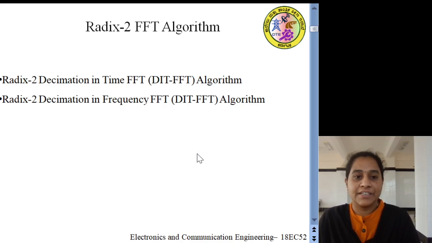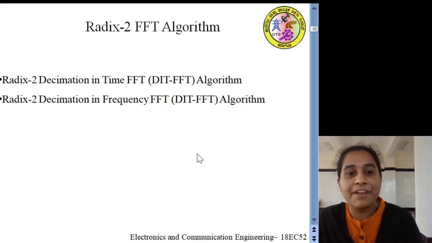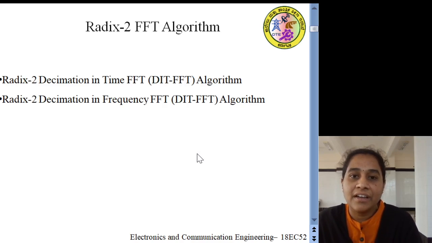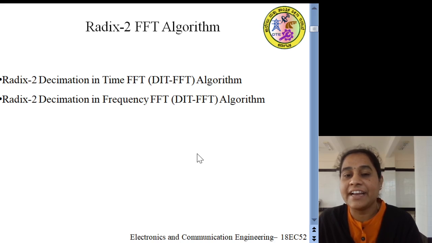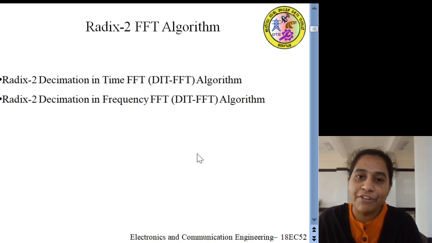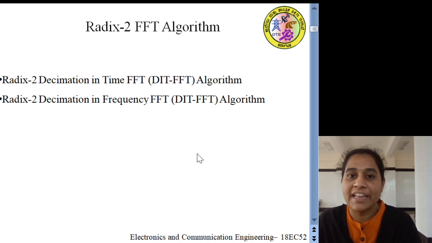So now first, as we considered in the previous session, in the classification of computing DFT, we first classified into DFT as linear filtering as well as the divide and conquer approach. That divide and conquer approach gets classified into three types: radix 2 FFT algorithm, radix 4 FFT algorithm, and split radix algorithm.